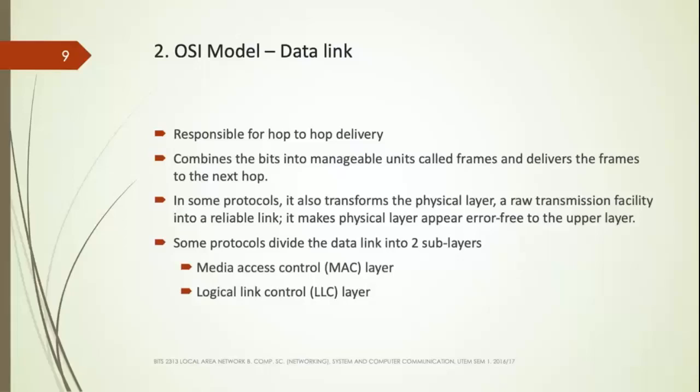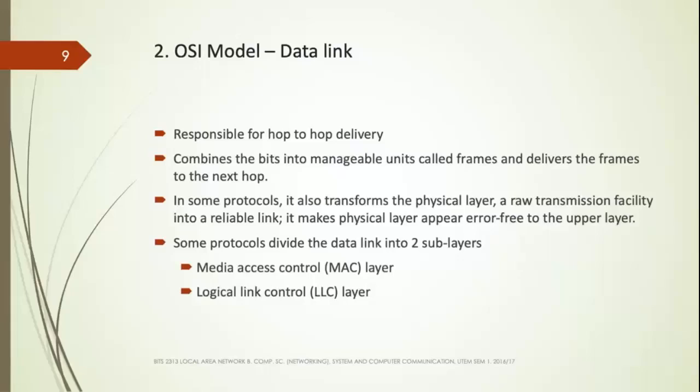And this data 1 plus data 2 must be sent through switch number 1. So it is the responsibility of the data link layer to send both data to switch number 1.